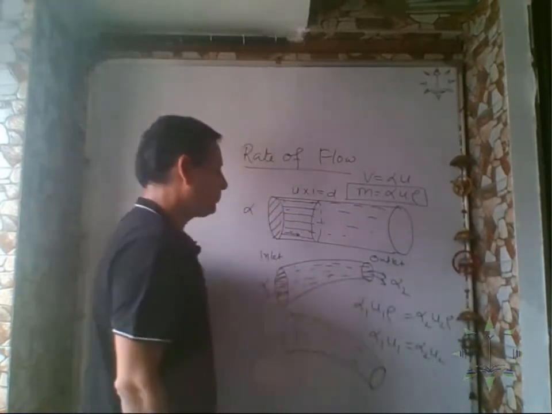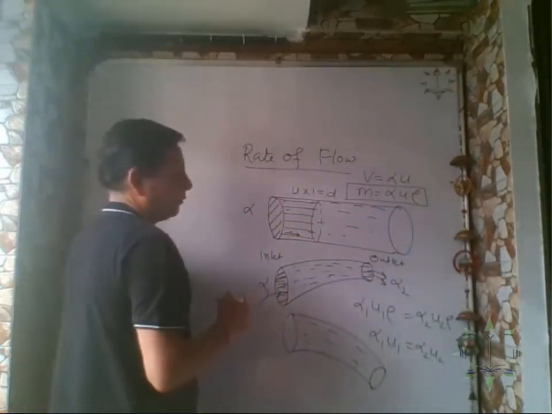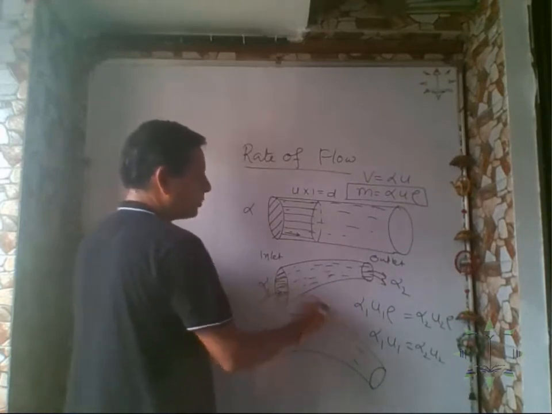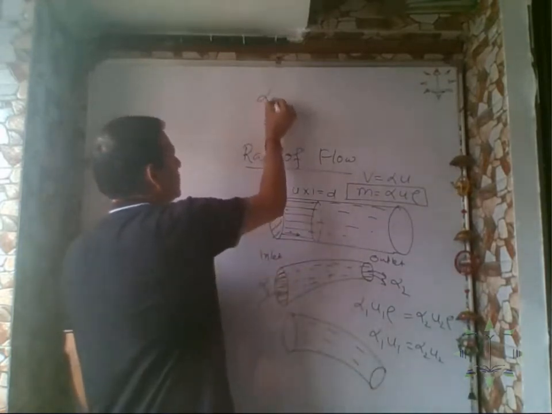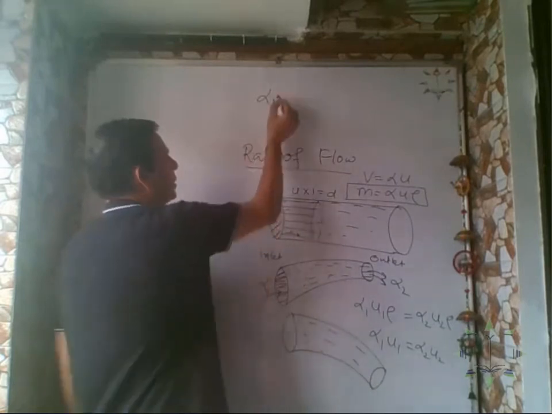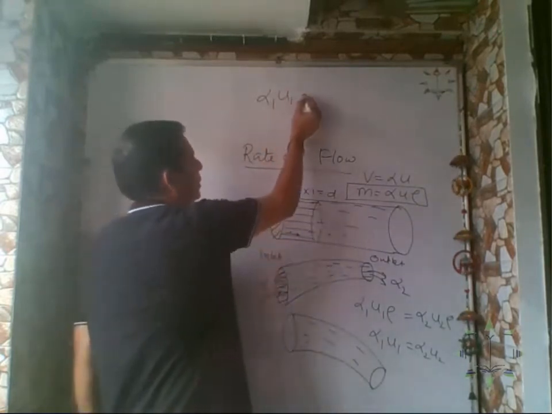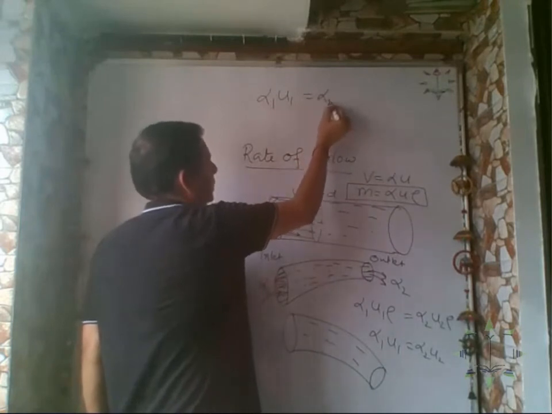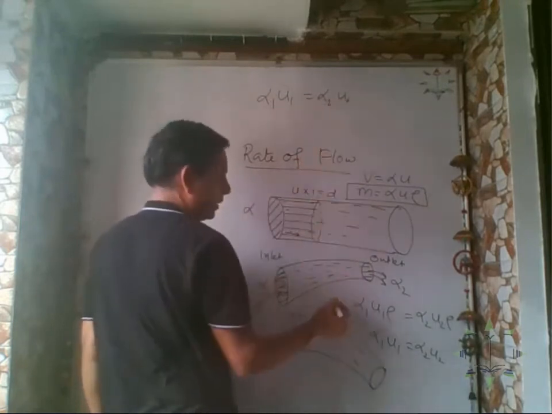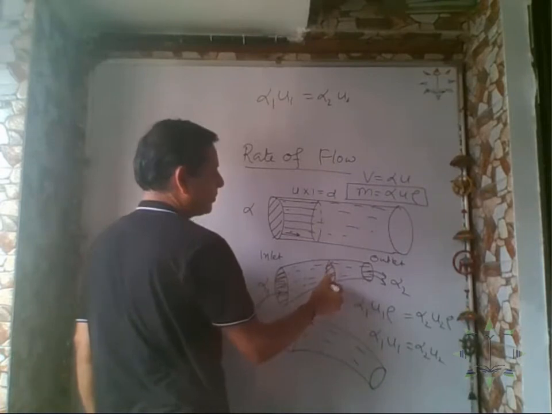So for a liquid flowing in a non-uniform cross-sectional area, cross-sectional area into the velocity of flow in that region equal to cross-sectional area into velocity of flow in any region. Okay.